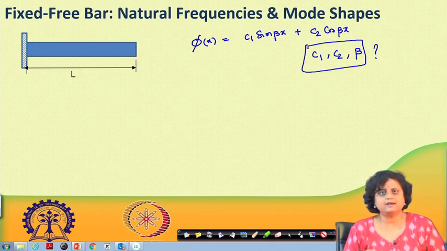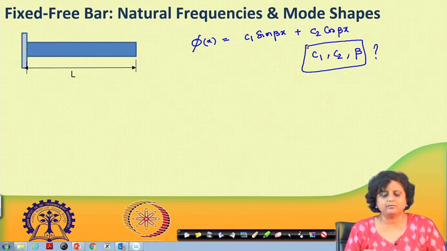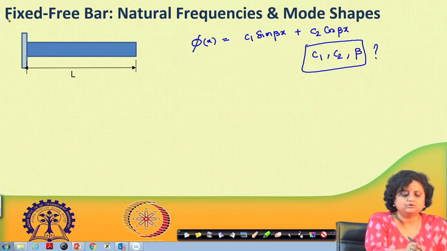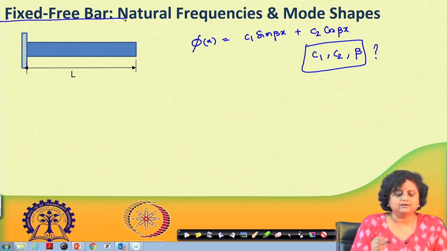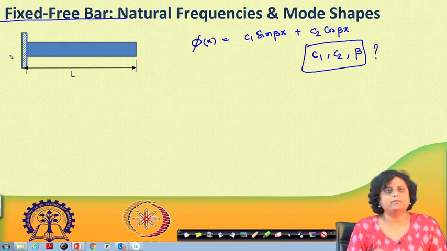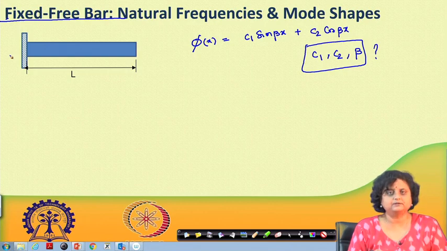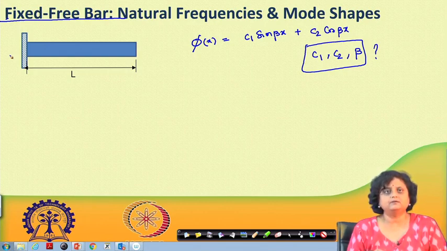So there could be n number of possibilities of boundary conditions. Let us deal with the first case, which is a fixed-free bar, where one end of the bar is fixed, so the displacement at this end is 0, while the other end is free, with no externally applied force acting at that point.